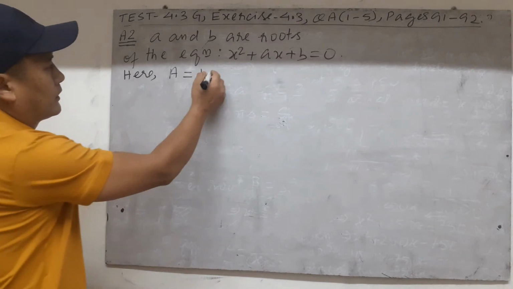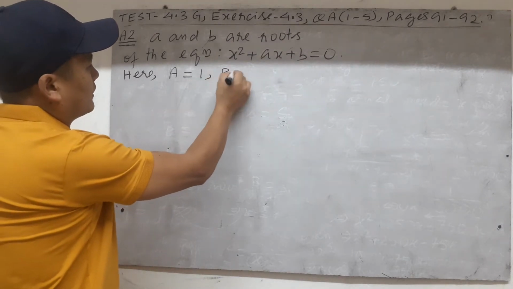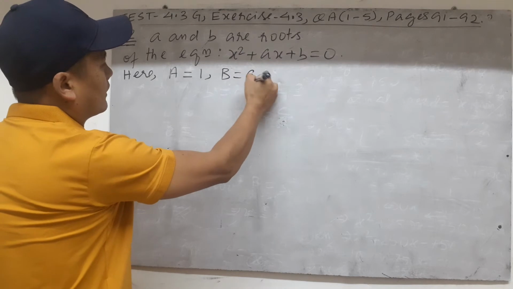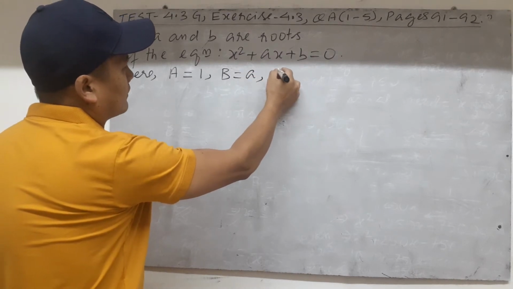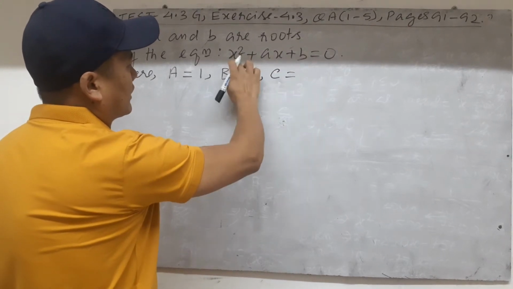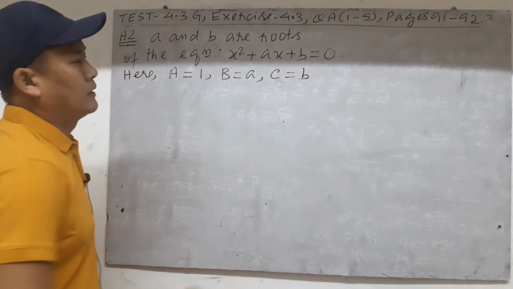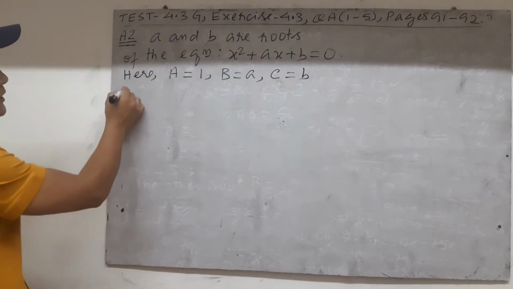Then B, capital, the coefficient of x, is a, and C, capital, is the term having no x squared or x, which is plus b. We have that.